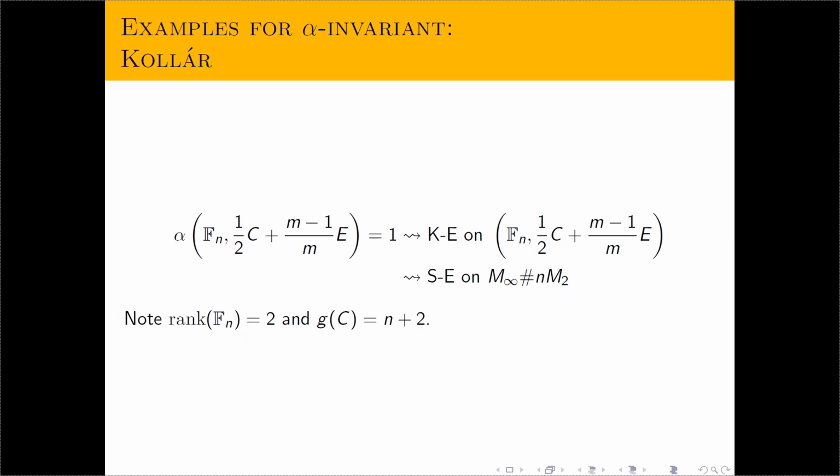Here, this guy has rank 2, and this curve has genus n+2. So it increases. That's why you can have the Sasaki-Einstein metric on a series of these 5-manifolds.